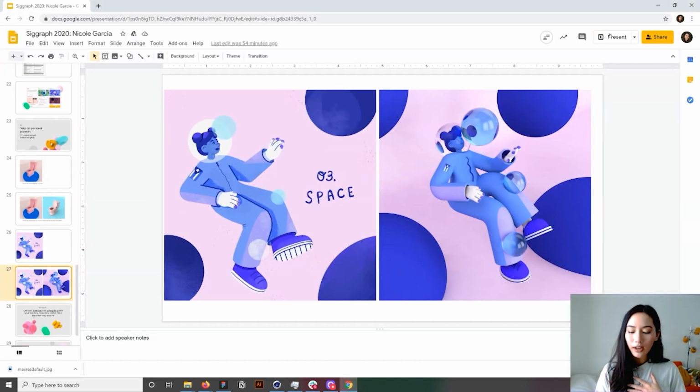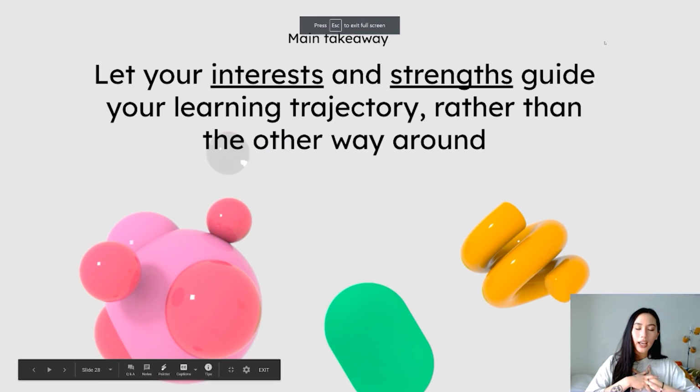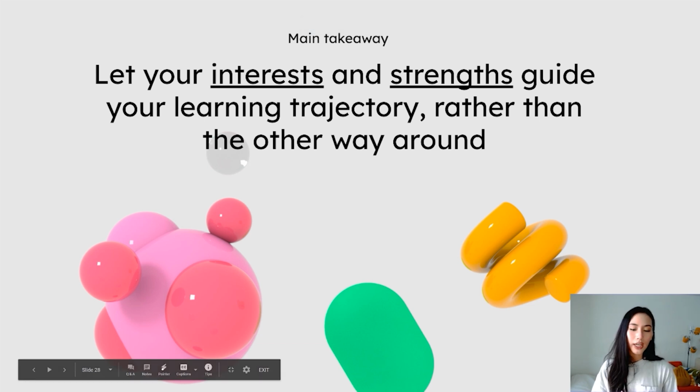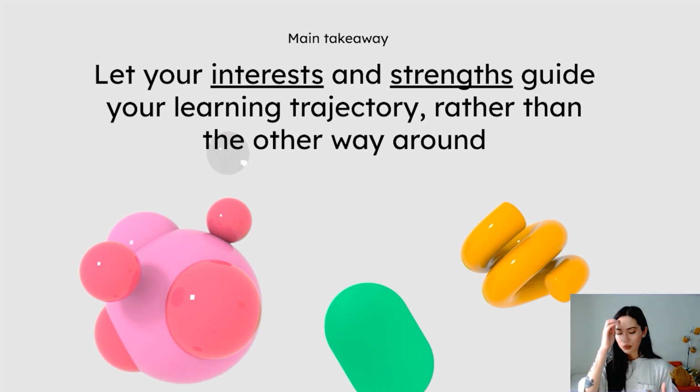And so just to reiterate everything from this presentation, one of the main takeaways out of this whole process is to really just let your interests and your strengths guide what you're learning and how you're learning it. I get asked all the time from friends or peers or even students about what kind of skills I should learn, or how I should learn these skills, or whether I should learn these skills because so and so said I should.